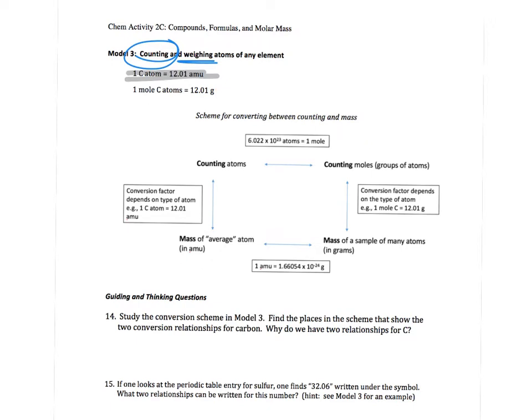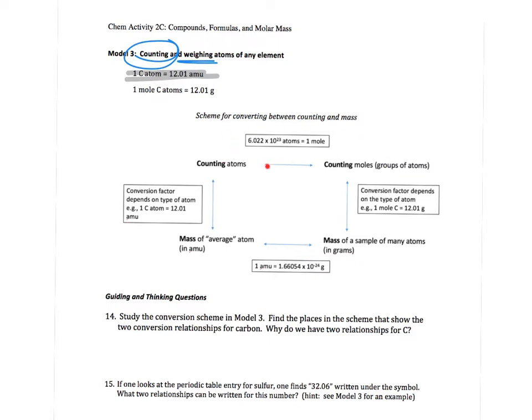Just for your benefit, a nickel weighs about 5 grams. So this would be about 2 nickels worth of carbon atoms. And this would be something you wouldn't ever be able to even detect with a normal balance. So here's some things that we can look at. If we want to convert between counting atoms and counting moles, this is something we've been doing.